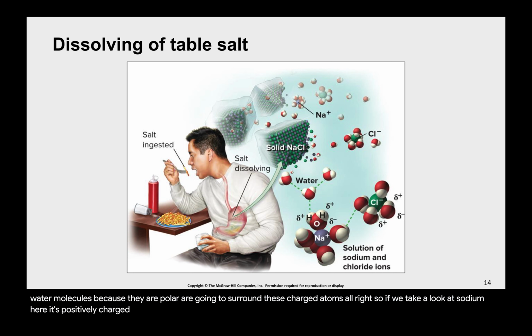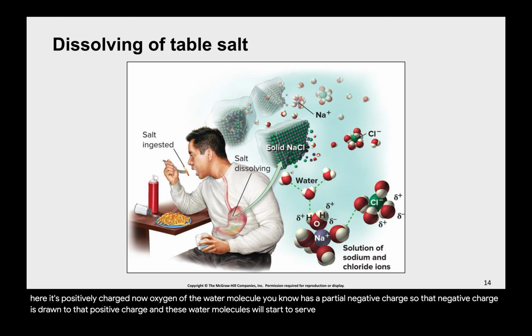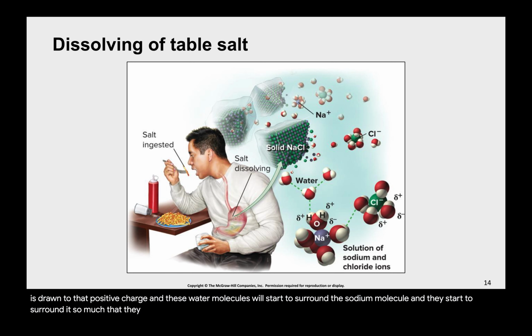The oxygen of the water molecule has a partial negative charge, so that negative charge is drawn to that positive charge, and these water molecules will start to surround the sodium. They surround it so much that they will disrupt the bond between the sodium and the chlorine, thus disassociating them, breaking that ionic bond, and they are thus dissolved into the water.